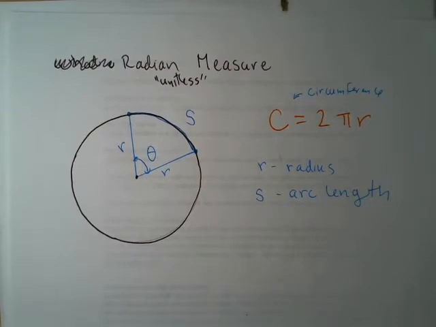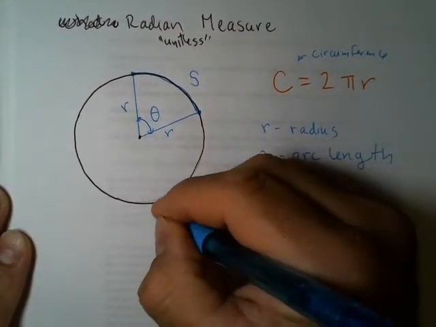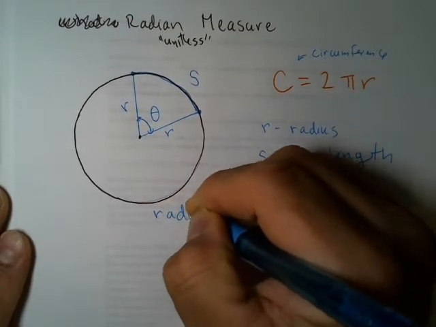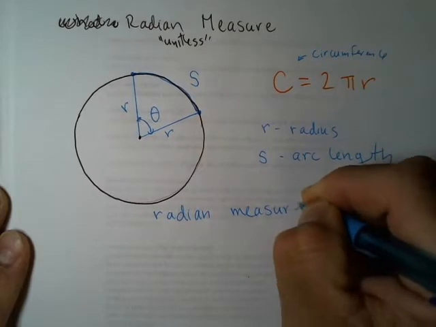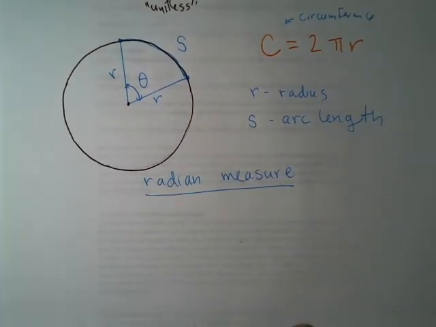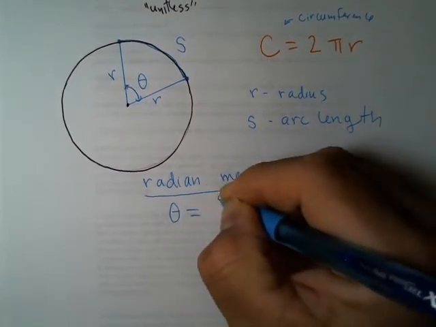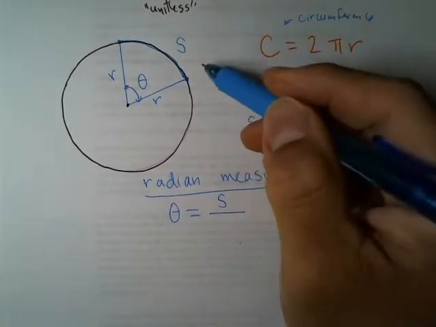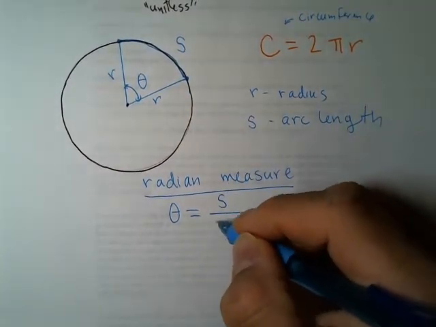The way that we define radian measure, to describe that angle theta in terms of radians, is the ratio of the arc length, s, and the radius, r.